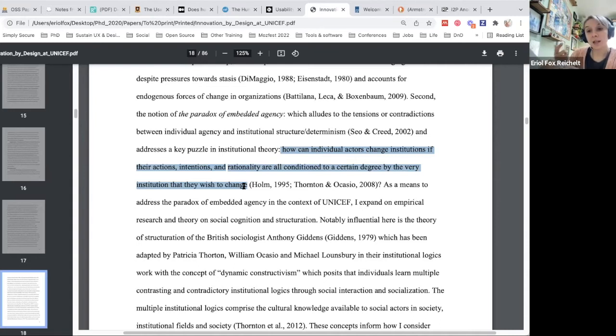So to that extent, I am interested in this kind of conditioning from both an organizational UNICEF perspective within this case study, but also from a general open source perspective: how does this play out in an open source cultural space?